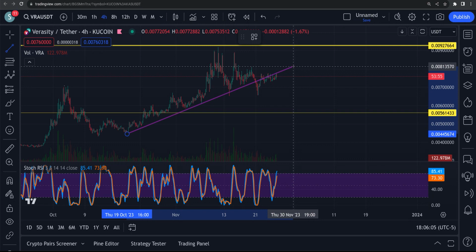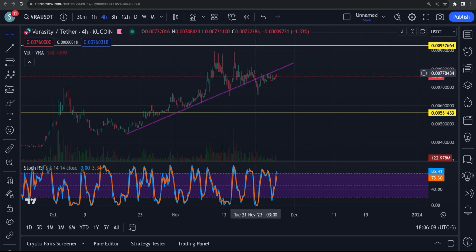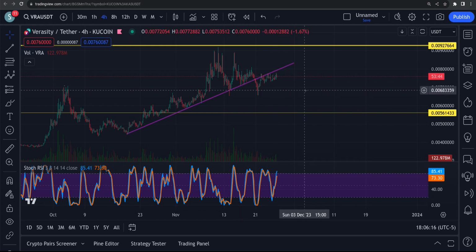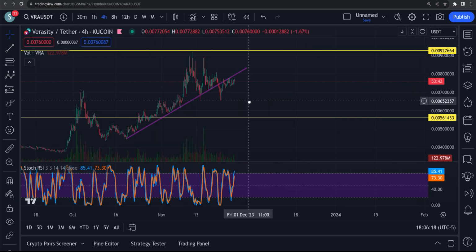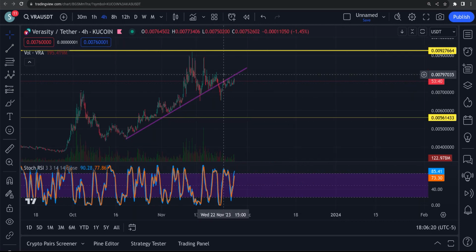Then we ended up falling down through that, came back, and retested it now as resistance. That's probably why we're going to get a pullback here also. Usually if you're following a trend line up and that trend line breaks, something else is happening.